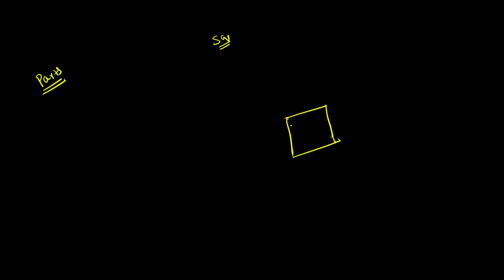You're not allowed to make the cut in any of the remaining ways. If you make one cut on a square, the resultant figure will be either a square or a rectangle. That's what we need to understand.